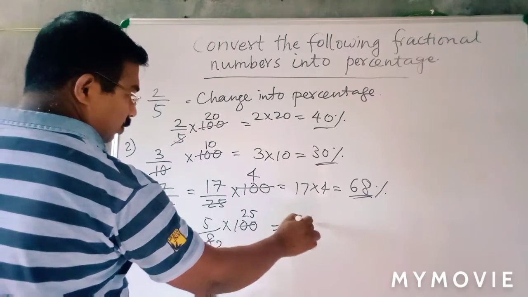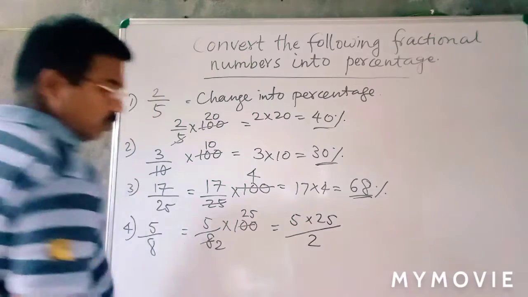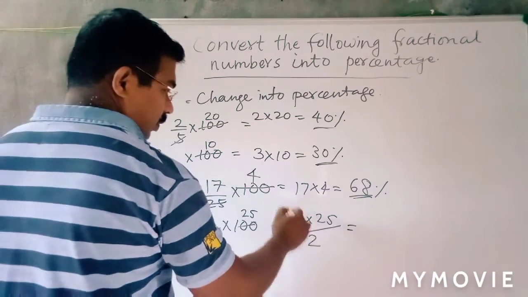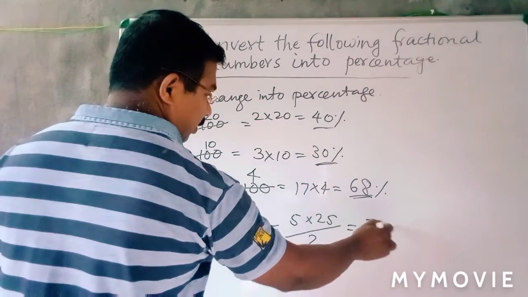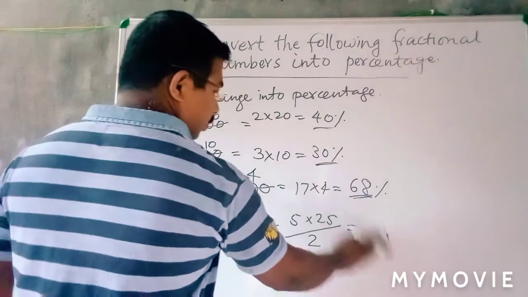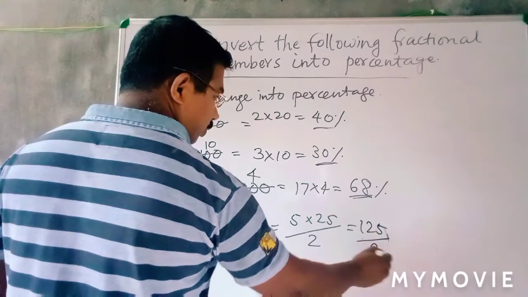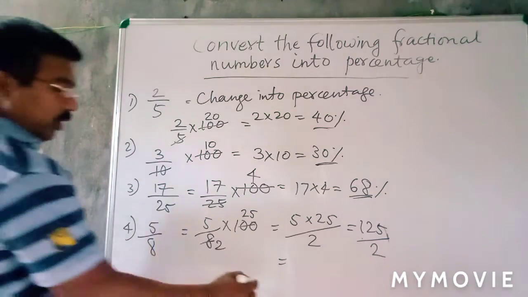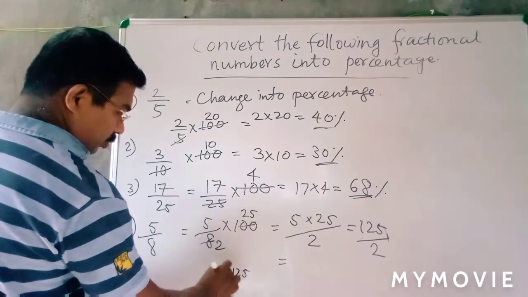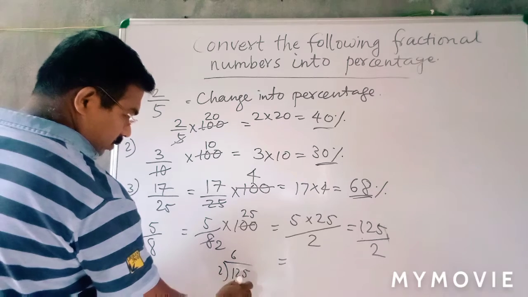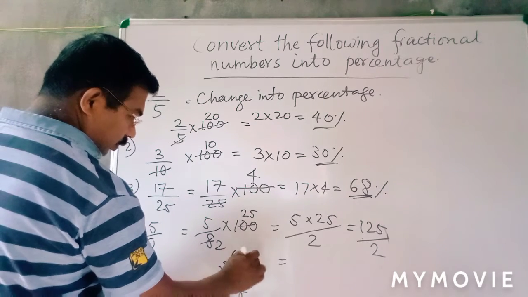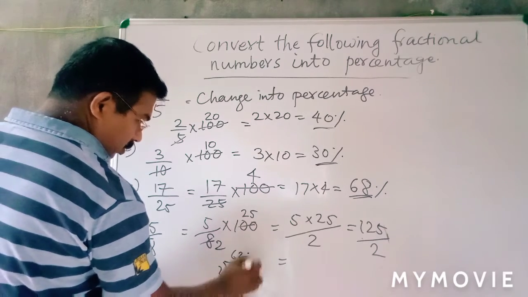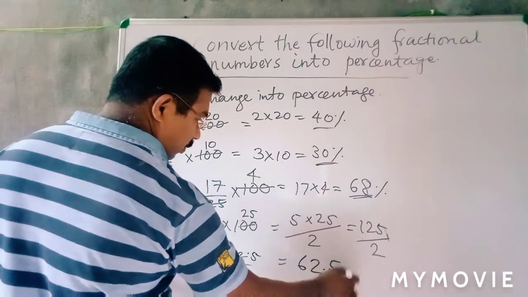Now we will get 5 into 25 divided by 2, and the answer is 125 by 2. When we divide 125 by 2, we get 62.5.